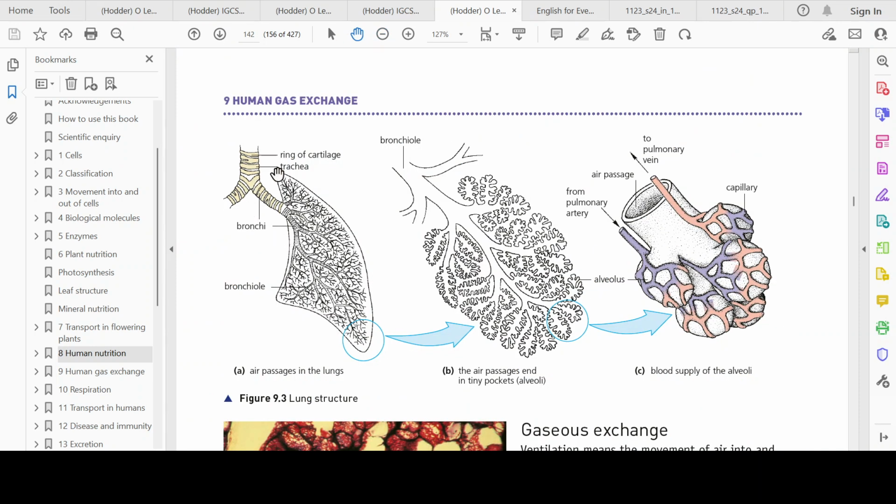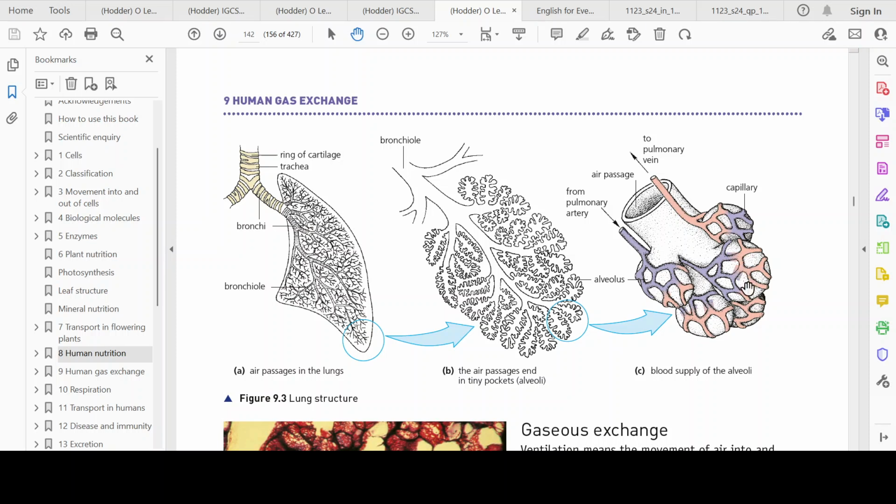Right here, we can see the blood supply surrounding the different alveoli. So this one blob over here is one alveolus, and there are multiple alveoli, and you can see how densely they are covered with capillaries. They're red and blue.